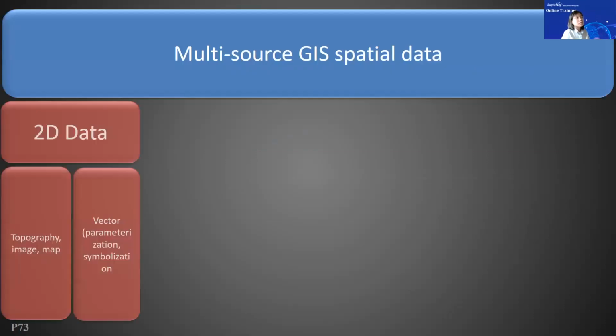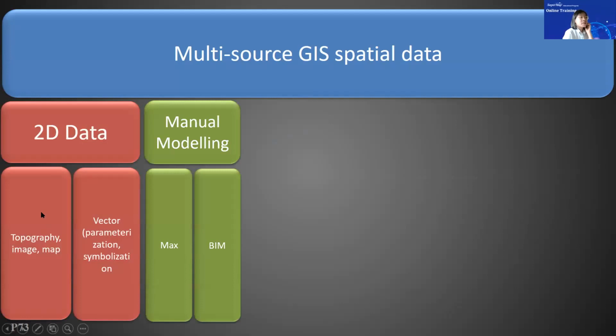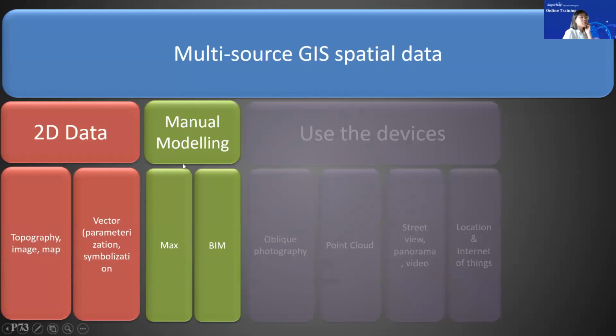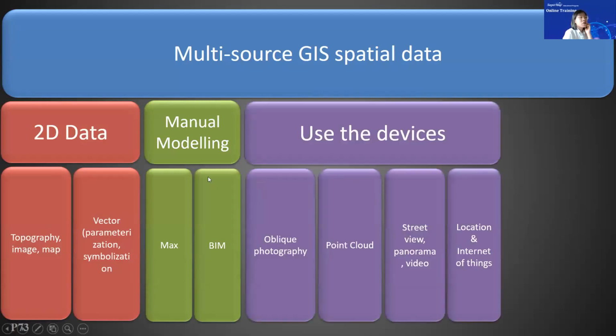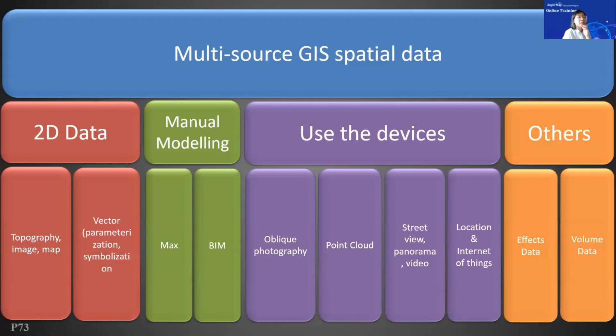For the multi-source GIS spatial data, we include 2D data and 3D data: 3D Max or BIM models, oblique photogrammetry models, point clouds, and street view video. You can also connect with the Internet of Things.